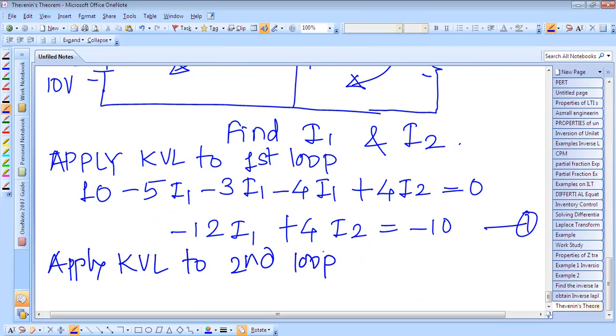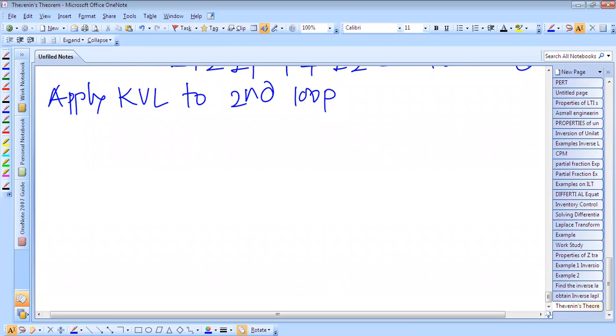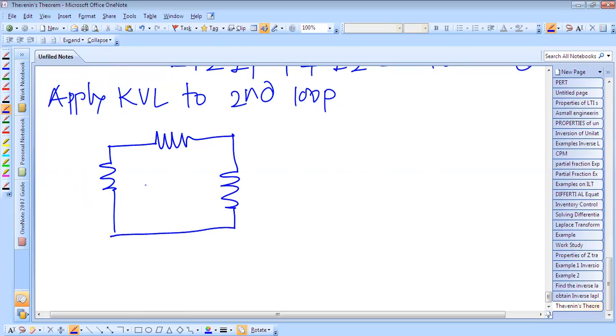Okay. So the second loop is like this. This is 4 ohm. This is 3 ohm.